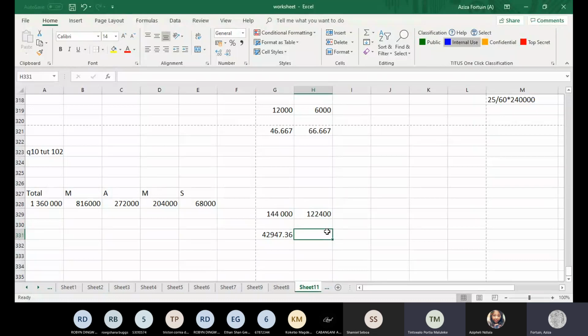Okay. So it's 204,000 multiplied by 480 divided by 800. And that gives you the 122,400. How did you get that 800?